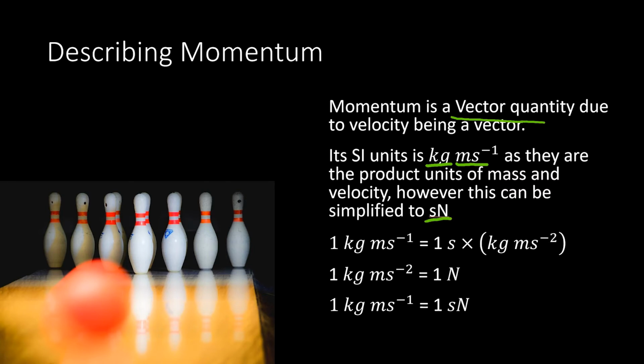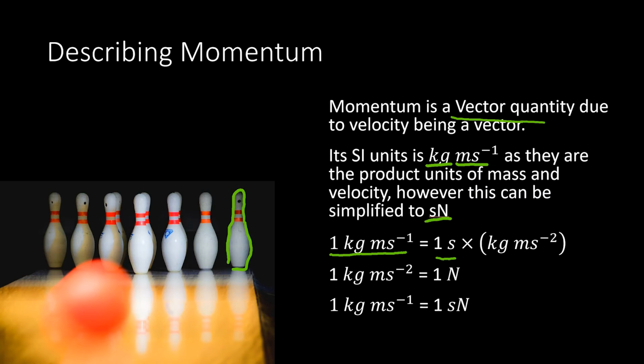So on one side here we've got maybe 1 kilogram meter per second of momentum of a bowling ball or a pin or some other object that we might be able to describe, and effectively what we've got there is when we multiply it by 1 second, to keep the equality between the two, we end up with kilograms meters per second.